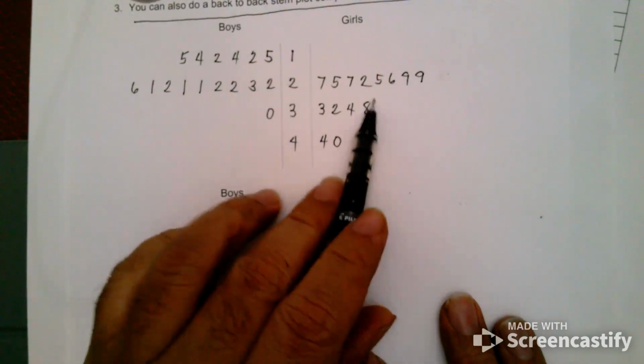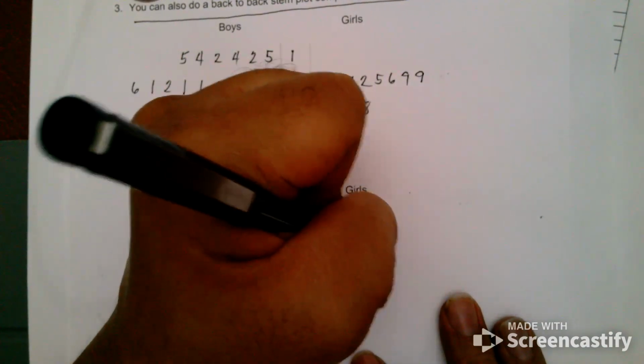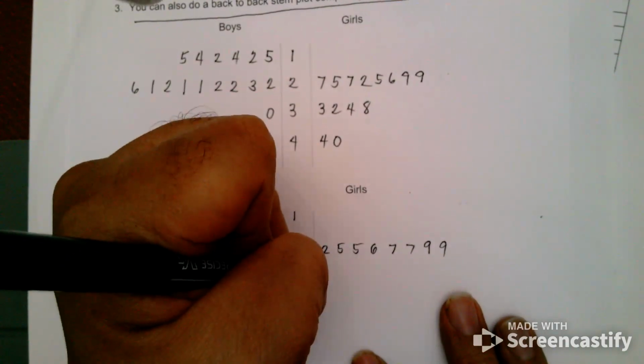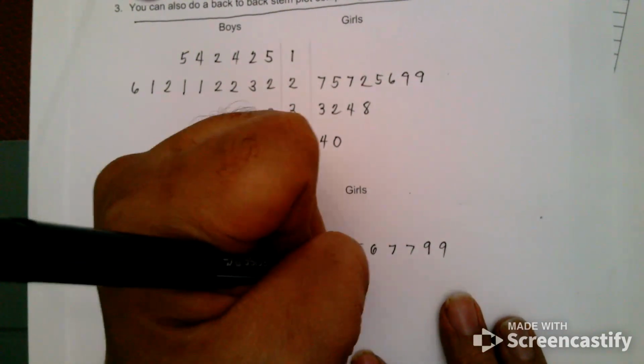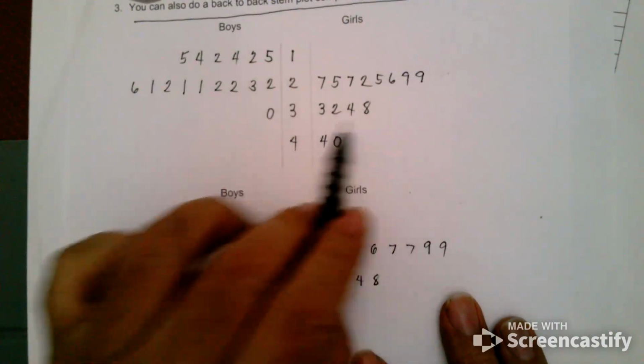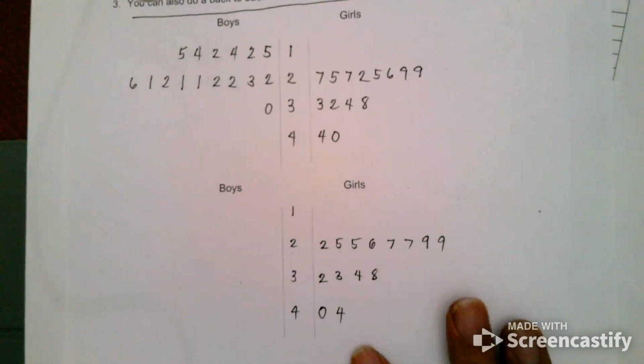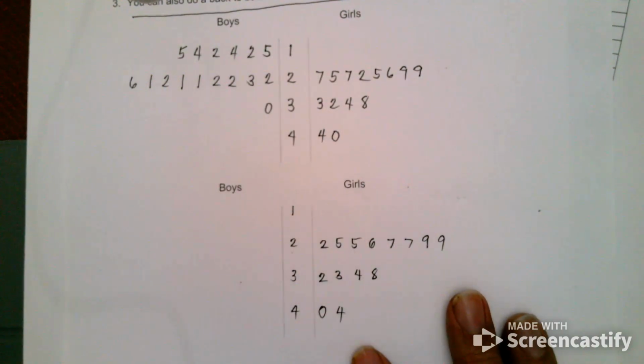And then 2 fives, so 5 and 5, and then 6, and then 2 sevens, and then 2 nines. For the 3s, I get 2, 3, 4, and 8. The last one is 0 and 4.